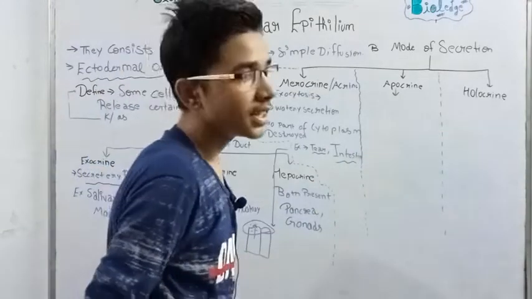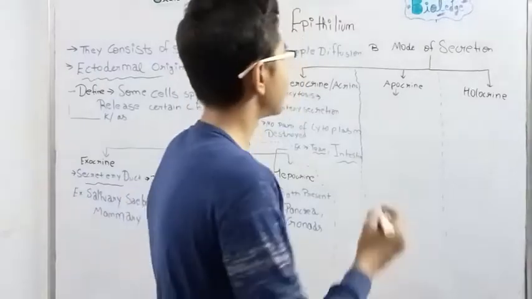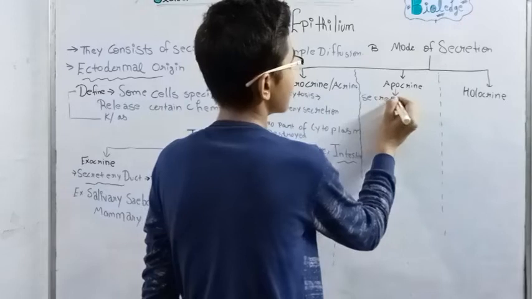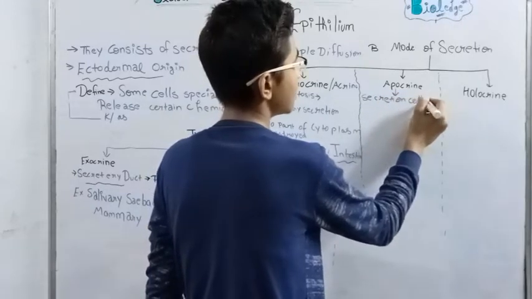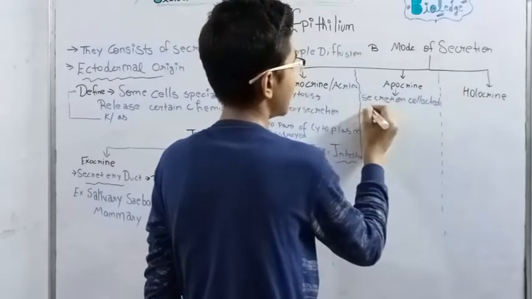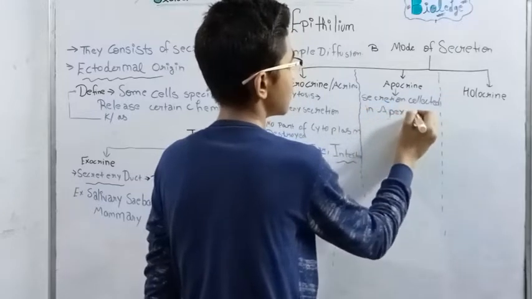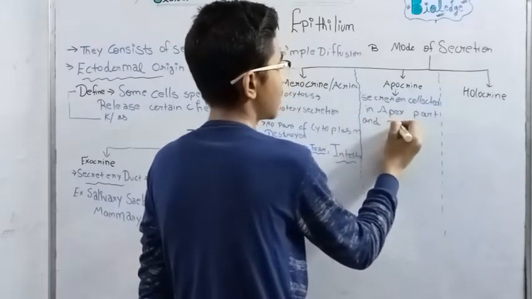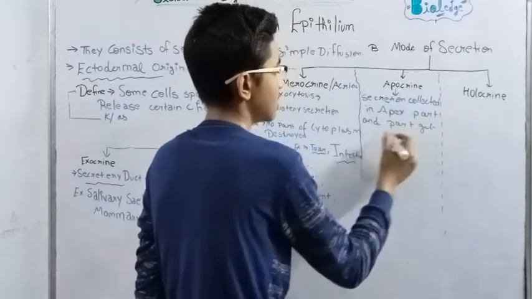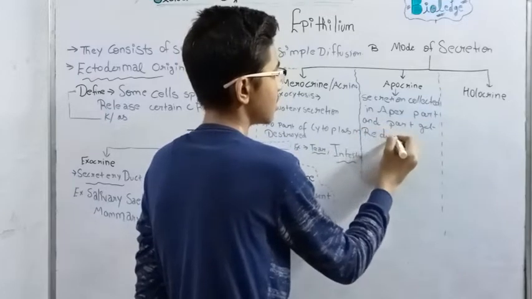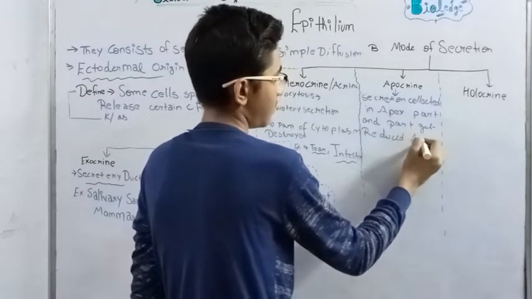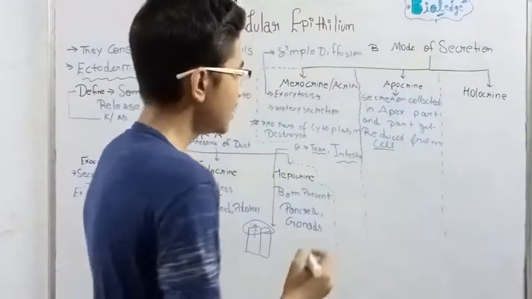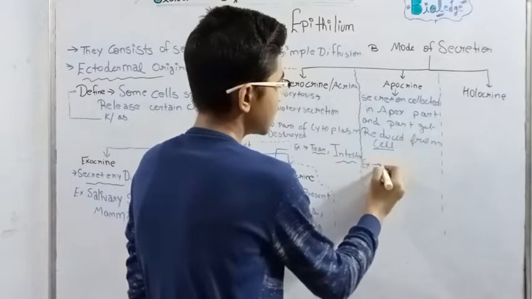Next, we have the apocrine gland. In the apocrine, there is a slight change. In apocrine, the secretion is collected in the apex part and that part gets removed from the cell. How does this happen?